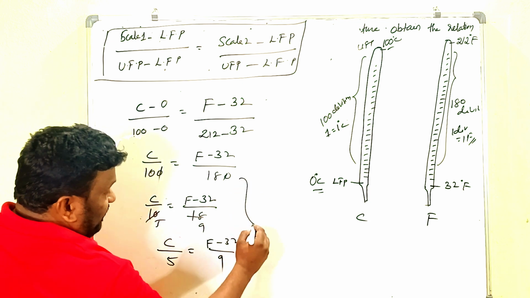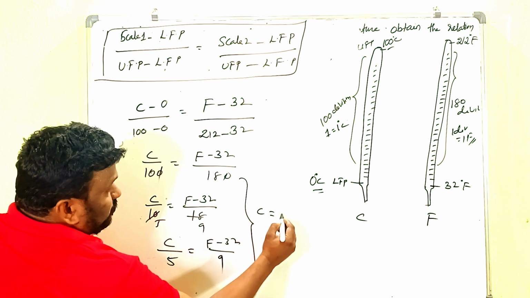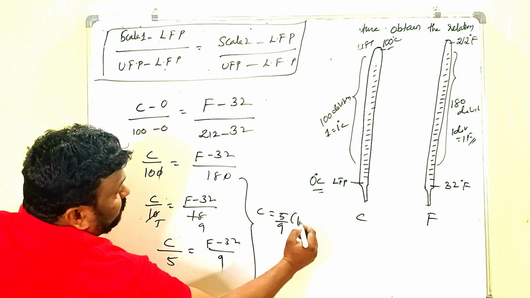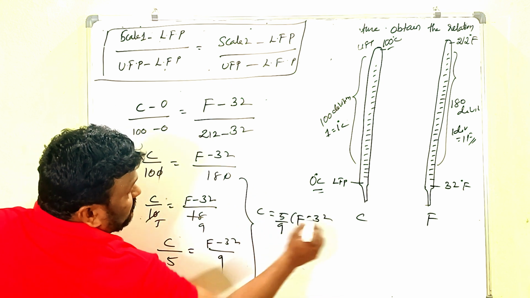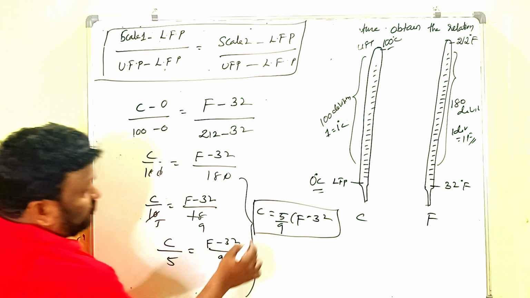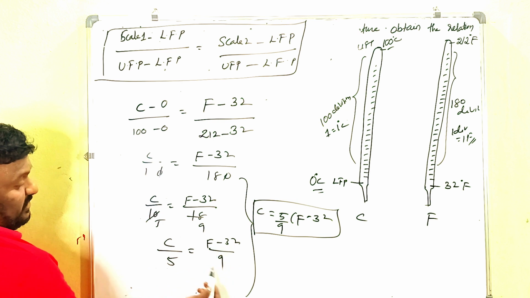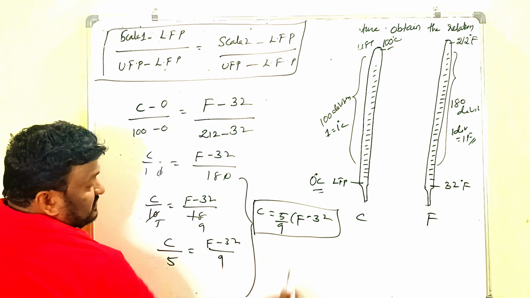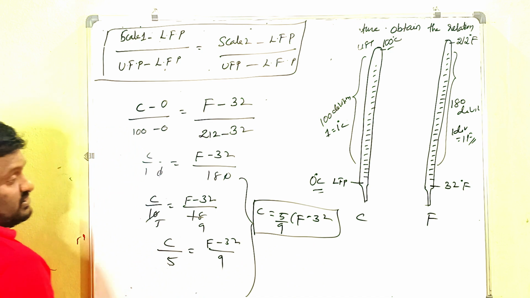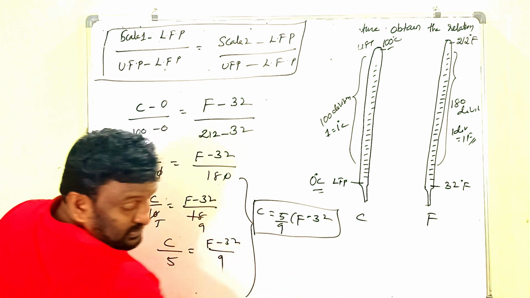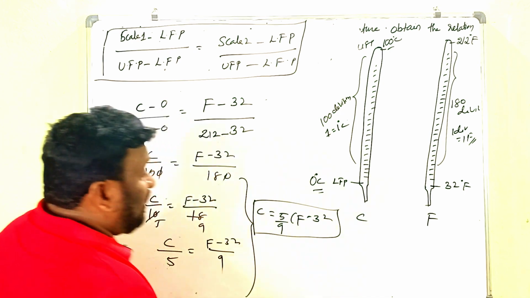So what have we got, children? C by 5 is equal to (F minus 32) by 9. If you take 5 to the other side, C is equal to 5 by 9 of (F minus 32). This is one formula. And we have another formula also.